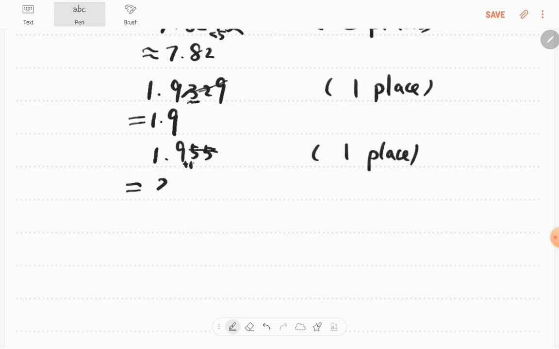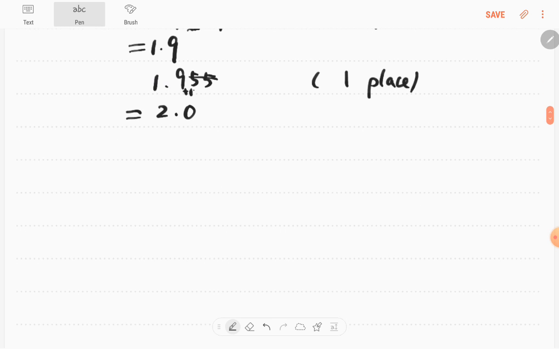So our final answer will be 2.0. We should add 1 because the second place is 5, so it's greater than or equal to 5. We should add 1 to 9. We will get 10. Then we add another 1 to the first number, so we will get 2.0.